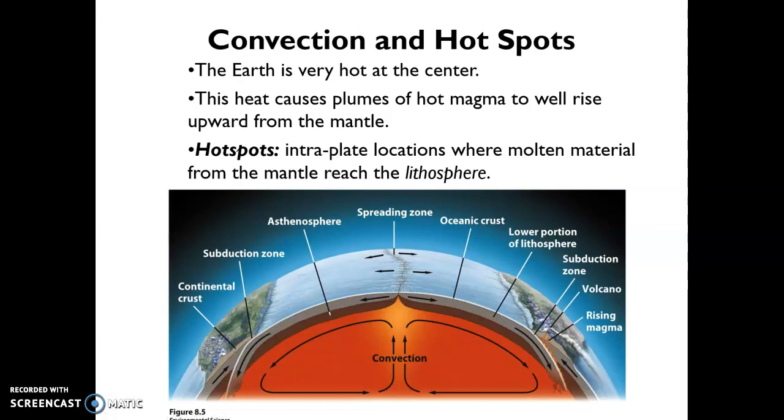Well, it's not really diving, pushed underneath continental crust would be a better term for it. That's called a subduction zone. And the oceanic crust is then pushed into the mantle where the rock that made up the oceanic crust starts to melt again.